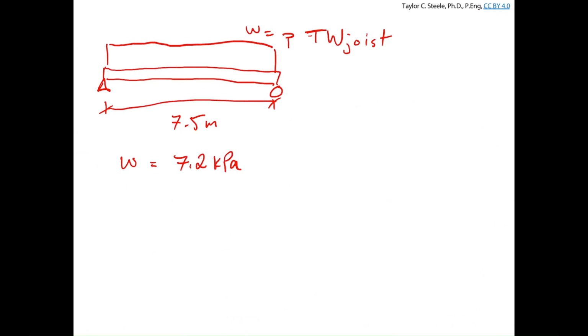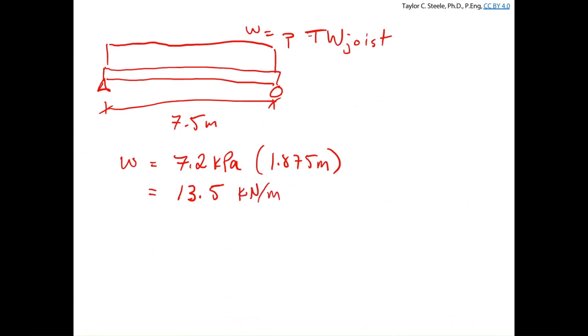And we're going to multiply that by the tributary width for the joist, which is 1.875 meters. And so if we do that, we get 7.2 times 1.875. And that's going to give us a uniformly distributed load of 13.5. What are the units? Kilonewtons per meter.